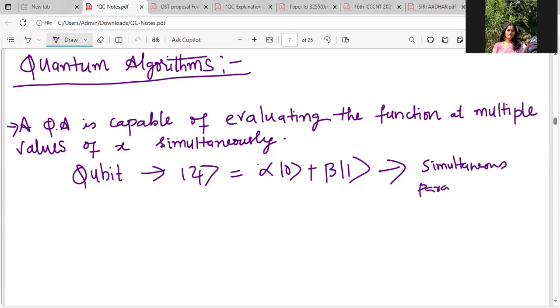Simultaneous parallel operations. That means what? We have discussed in my introductory videos that when I toss a coin, it is usually all about getting a head or a tail. But instead, quantum helps to find what the state of that coin is at that point of time.